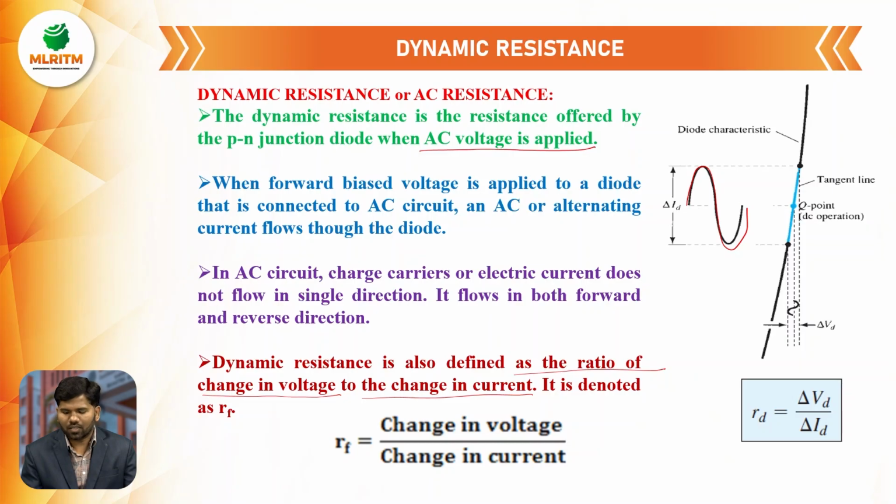The voltage is varying with respect to time, so we will get different voltages at different time slots, which means if you are varying the voltage, then current also is going to vary, right? So the ratio of change in voltage to the change in current can be written as delta VD by delta ID, that is RF is equal to delta VD by delta ID. It's the simple definition of dynamic resistance.